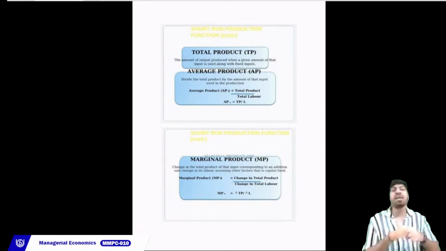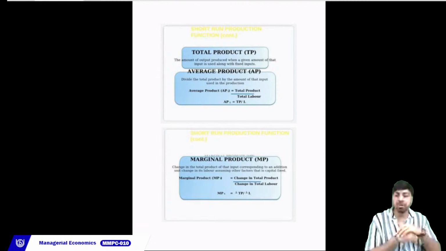So when we talk about the three types of product, total product, average product and marginal product, labor is always one of the factor inputs used in the production process.